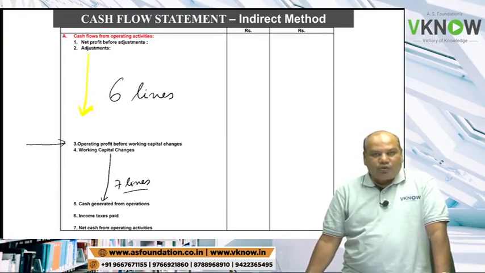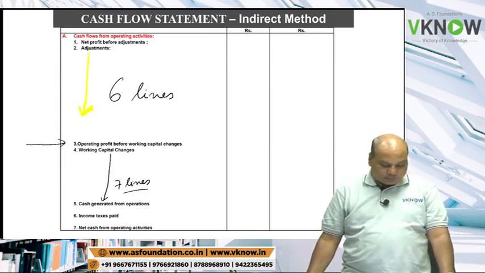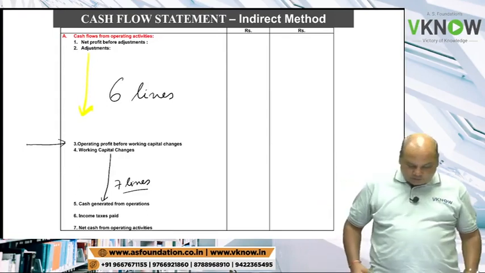One line blank. Point 6, income tax paid.